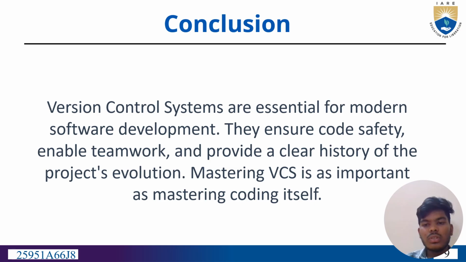They ensure code safety, enable and increase teamwork, and provide a clean history of project evolution. VCS is important for mastering coding itself. So this is about version control systems in OOPs.